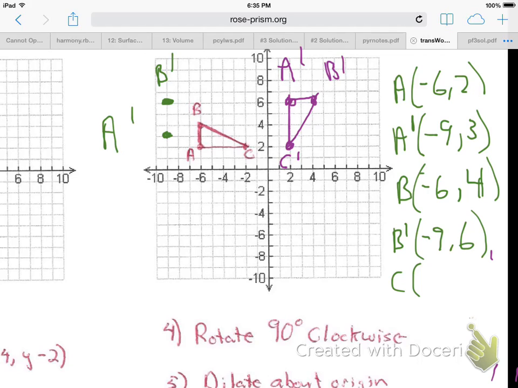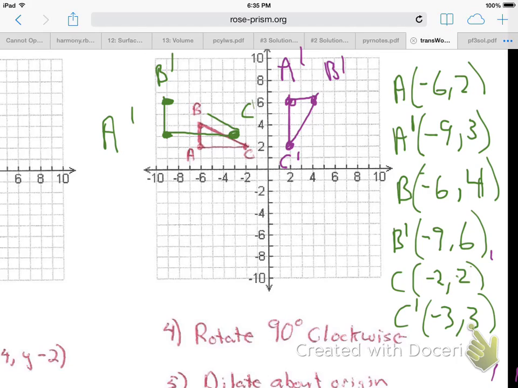C currently is at -2, 2. That means that C prime is going to be -3, 3. So if I go -3 and +3, I'm right here. Okay.